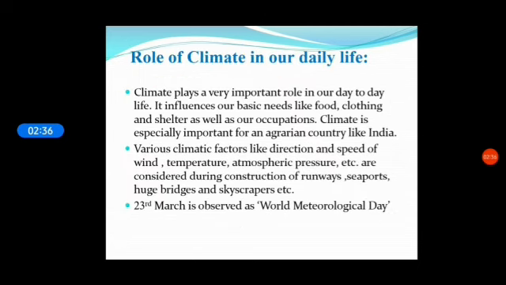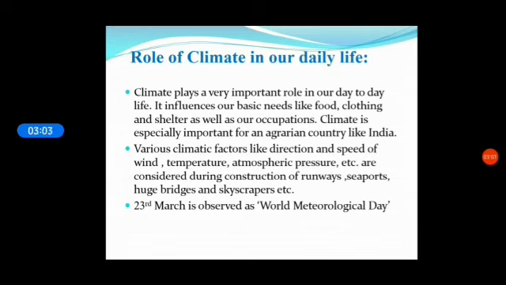Let's learn the role of climate in our daily life. Climate plays an important role in our day-to-day life. The basic needs such as food, clothing and shelter, then our occupations, agriculture and cropping pattern, and constructions are all related to the climatic conditions.